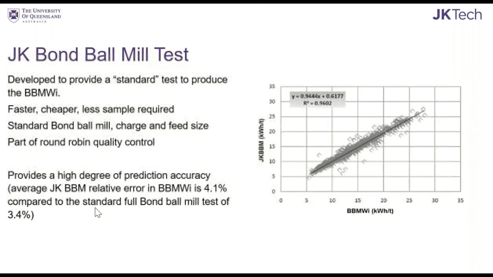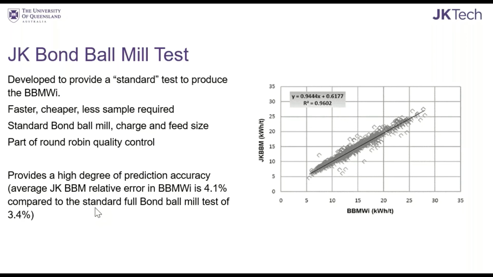So the JK Bond Ball Mill Test, again, was developed at the JKMRC using its extensive database. It ended up being a faster, cheaper test, requiring less sample as well. The good thing is that the inherent error, or the relative error, was pretty much as low as the standard Bond test as well.